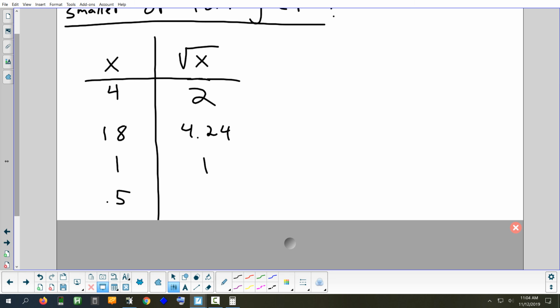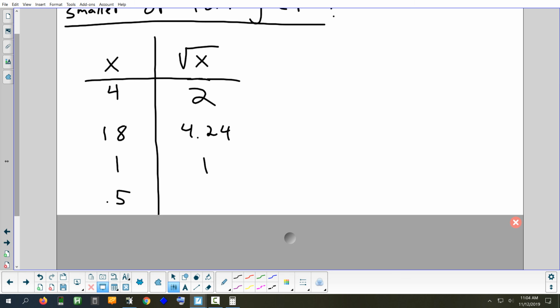Right? Let's keep going. Let's take the square root of 0.5. Now, think about this for a second. I want to multiply two numbers together, and I want it to equal 0.5. Let's say that you thought it had to stay the same. Oh, well, if it's a decimal, maybe it just stays the same, 0.5.